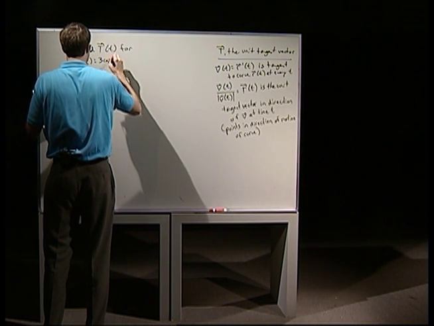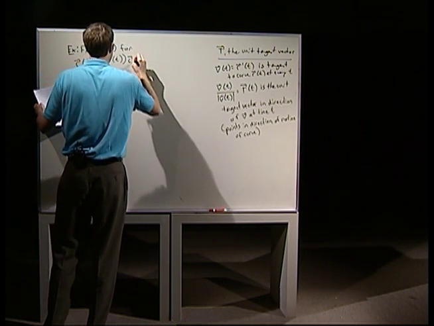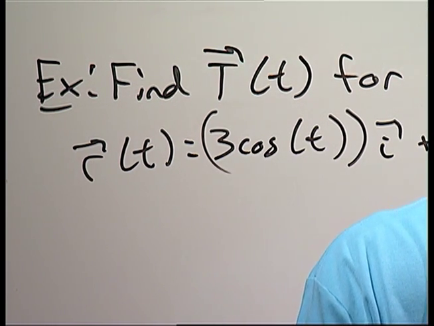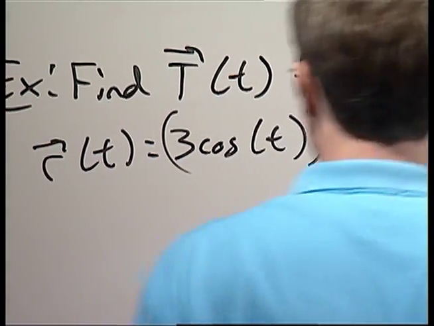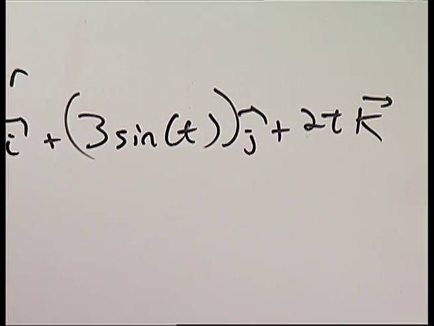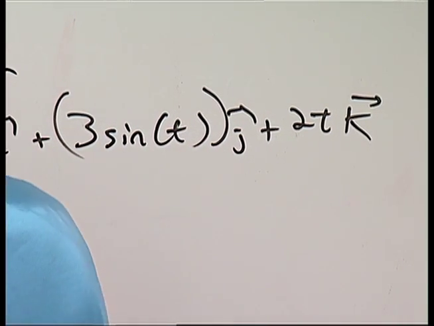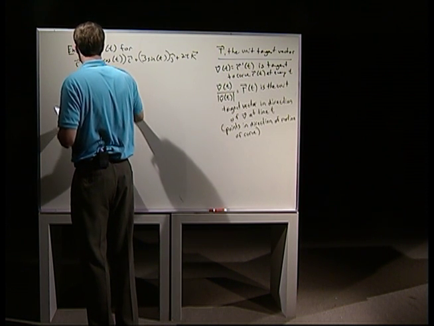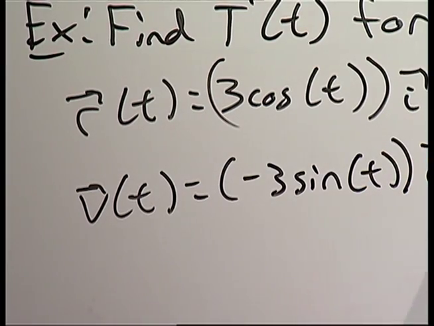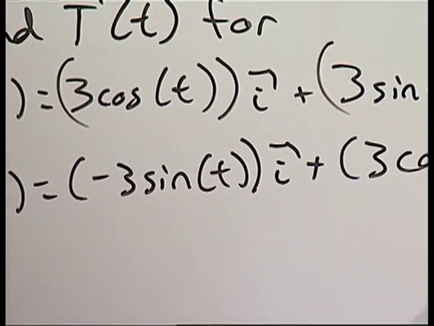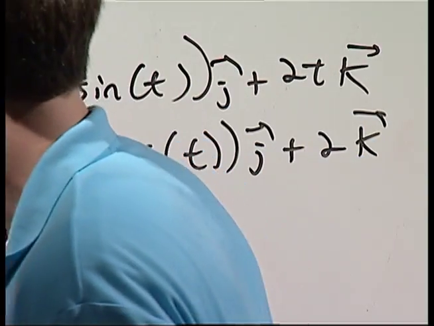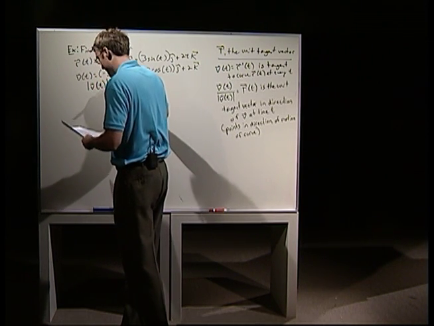We had 3 cosine t i, 3 sine t j, 2t k. This was the same curve from the last time, and now I want its unit tangent at every point. We already know v. We said that last time: -3 sine t, 3 cosine t, 2k. The length of v, we know that's root 13.